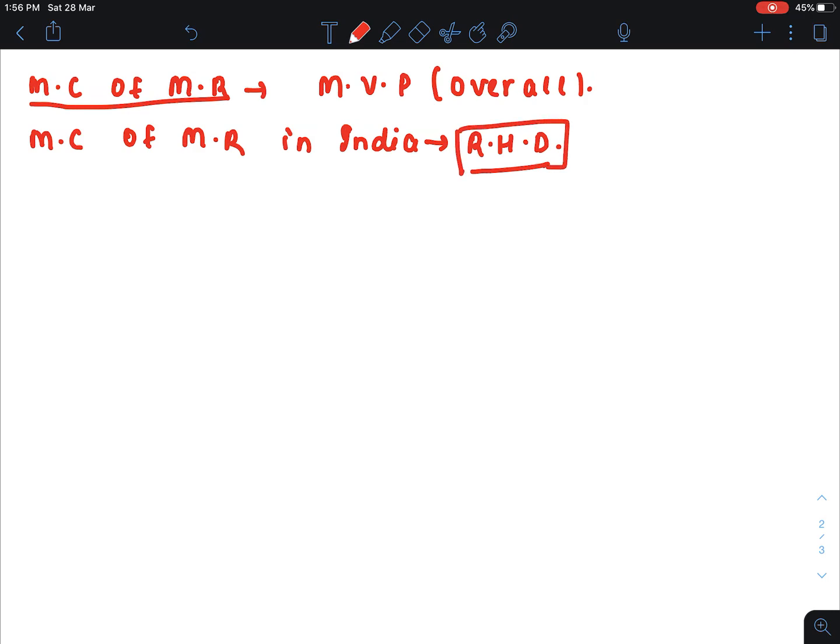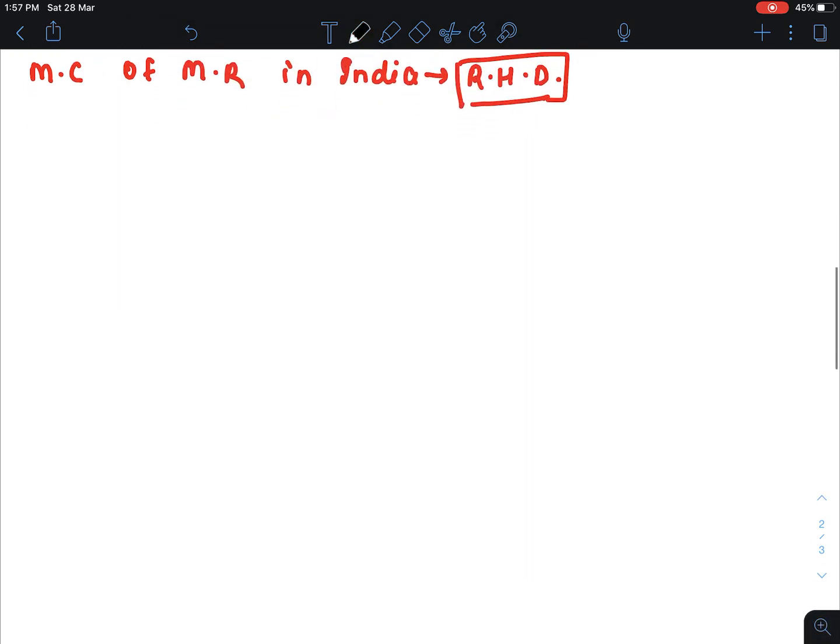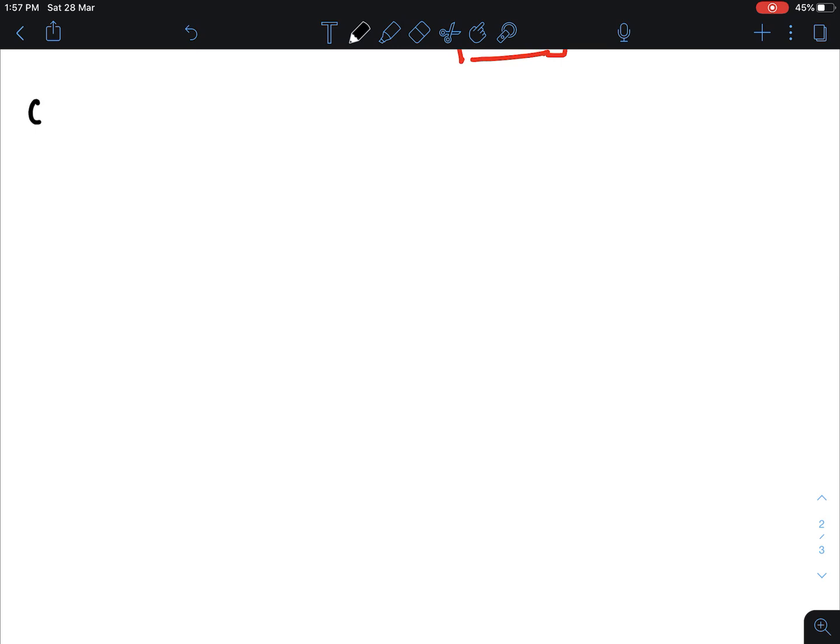Now what are the causes of mitral valve prolapse? The first is idiopathic. The second cause is myxomatous degeneration of the valve tissue.